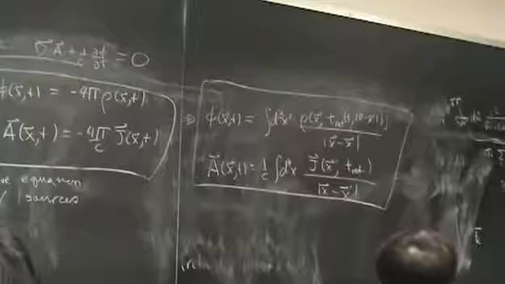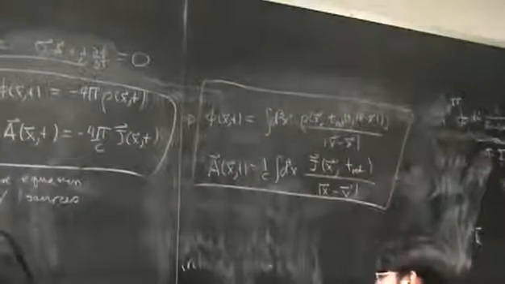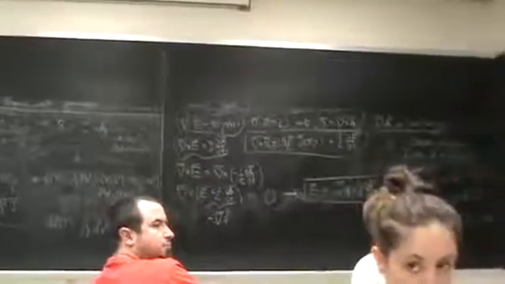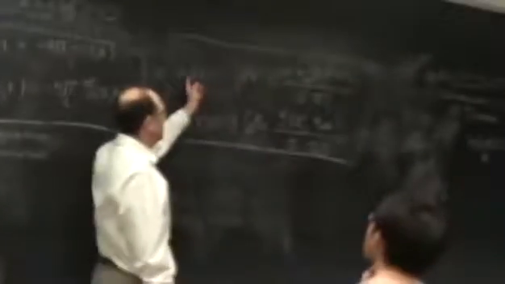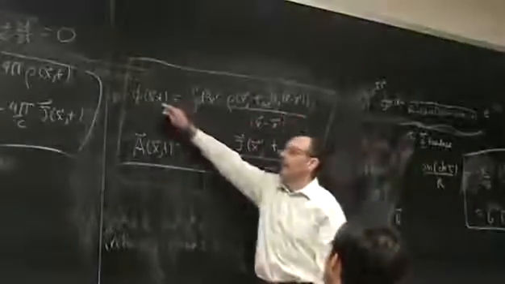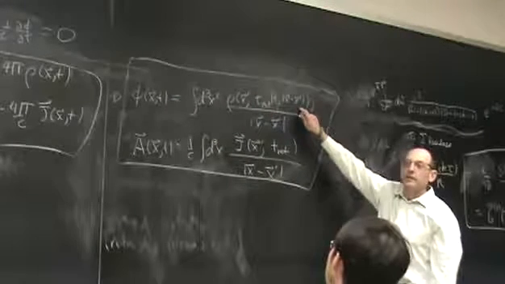It looks just like the solution that we wrote down in the static case, but not quite. It has this very important difference in that the potential I see at position x and time t is not related to what the source is doing instantaneously at that time, but what the source was doing at the retarded time.